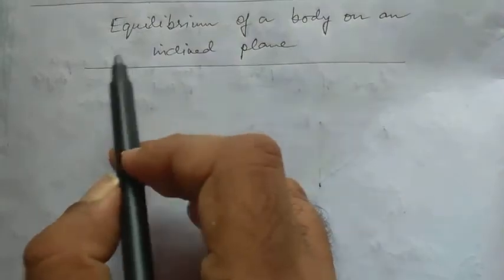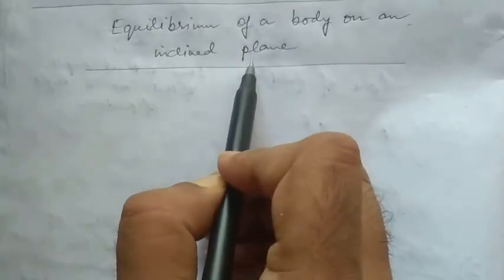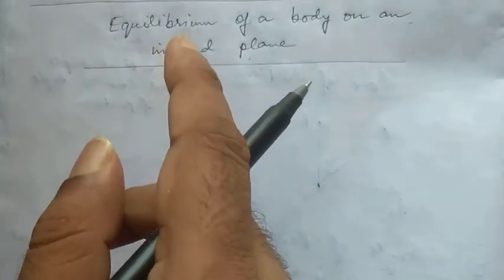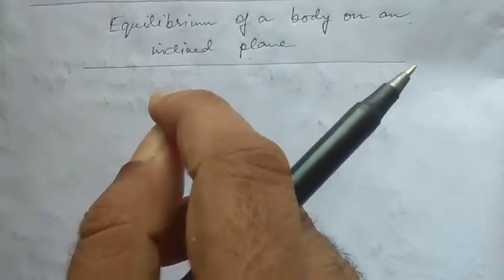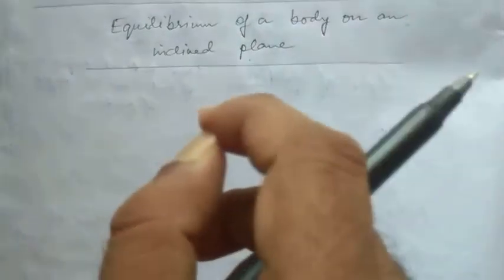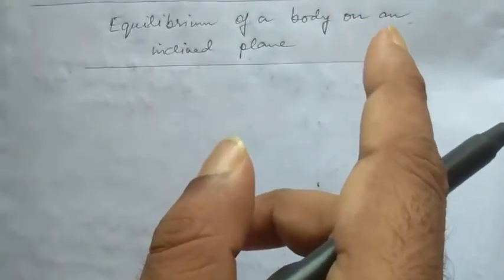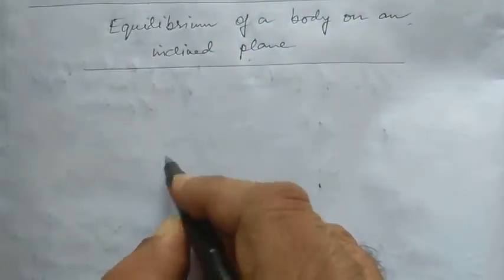Now in this part we are going to discuss two things. One is equilibrium of a body on an inclined plane, and acceleration of a body on an inclined plane. Whenever we are discussing the equilibrium as well as the acceleration of a body on an inclined plane, there must be the presence of an external force like this.